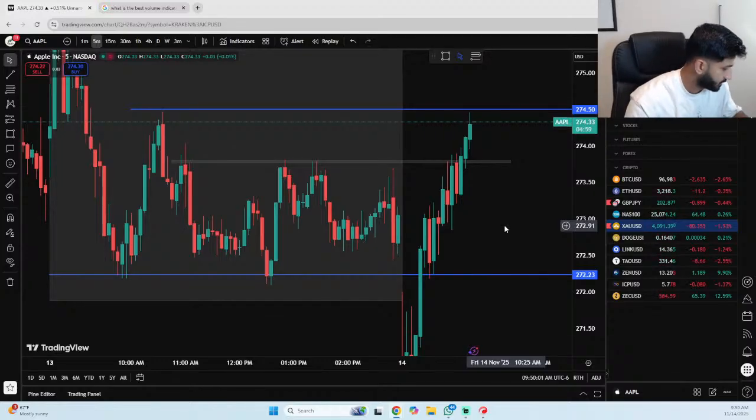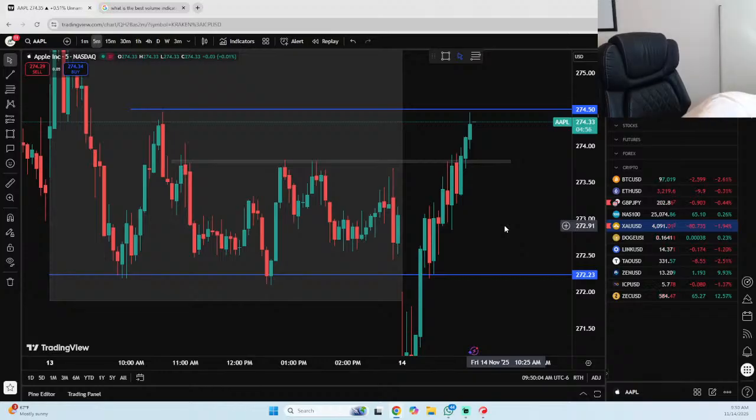So price is still consolidating in that region.